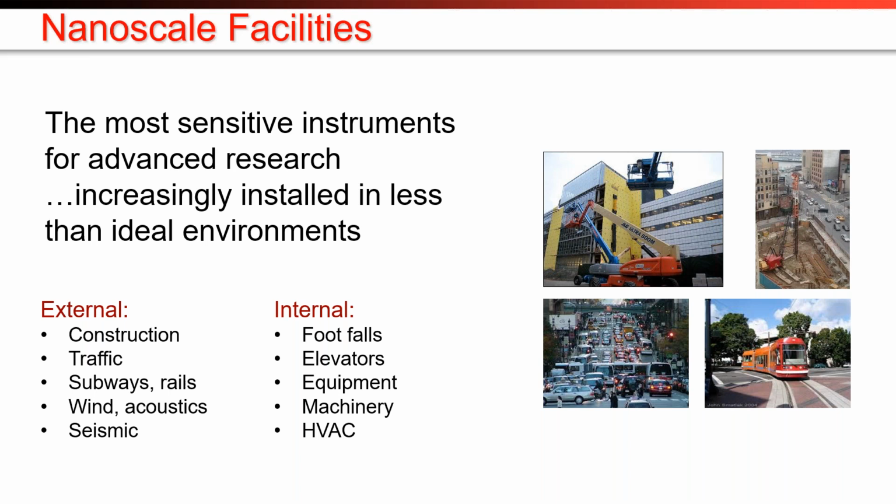Externally, you have things like construction, road traffic, trucks, cars, and so forth, subways, light rails, trains. Also wind and acoustic. Wind driving on a building will excite resonant structures of the building and increase the floor vibration. Acoustic noise impinges on the walls of the building and couples into structure-borne vibration, which drives floor noise and increases floor noise.